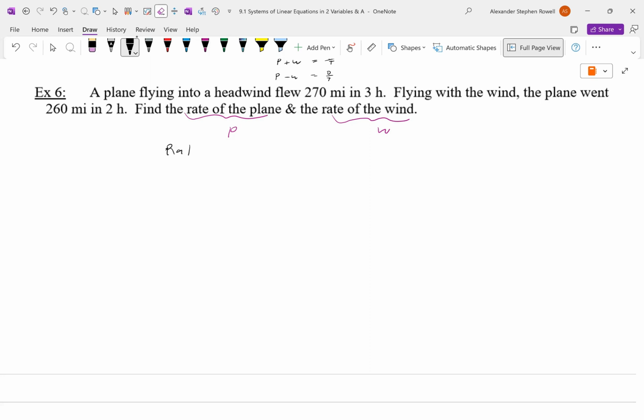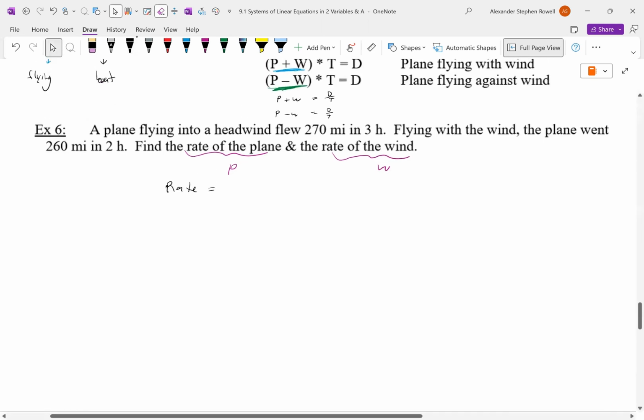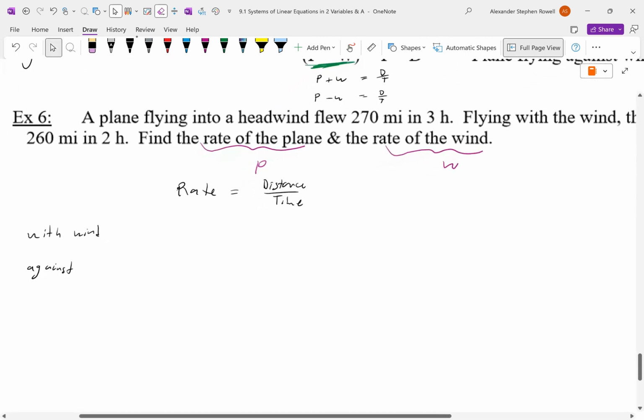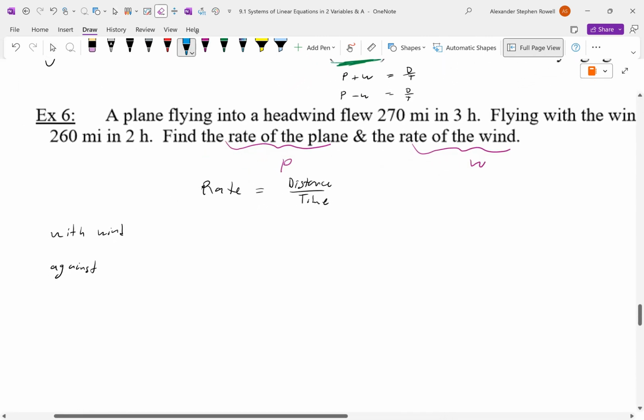Okay, so rate is equal to, we said, distance over time. And we have two equations, or we'll say two scenarios. When we're going with the wind and when we're going against the wind. Which equation is given by the first sentence?